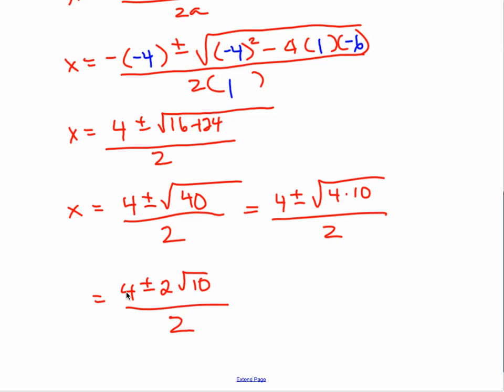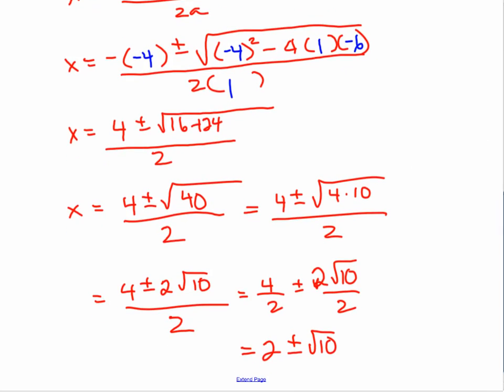Now 2 will divide evenly into both those terms on the top. Maybe I'll just rewrite it like this, 4 over 2 plus or minus 2 root 10 over 2. So you can see that 4 divided by 2 is 2, plus or minus 2 divided by 2 is 1, so that'll just be root 10.